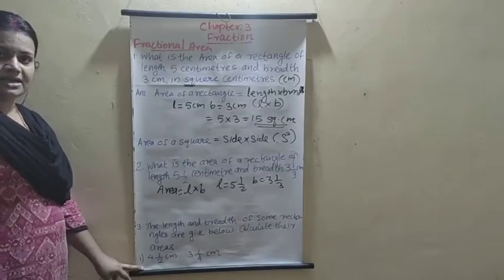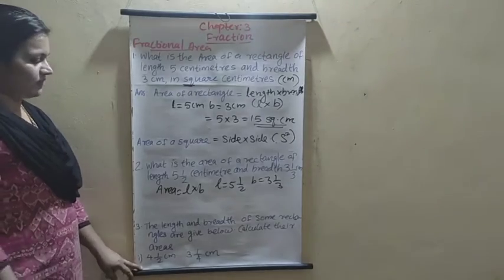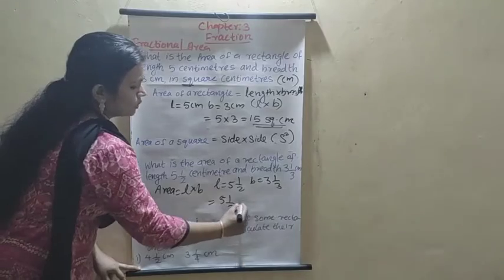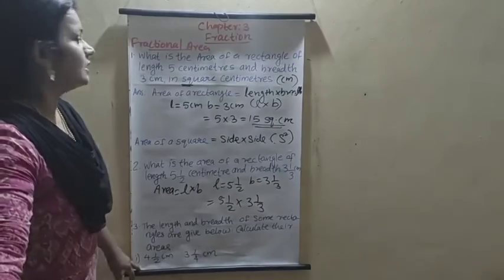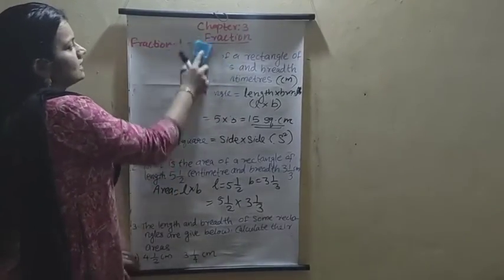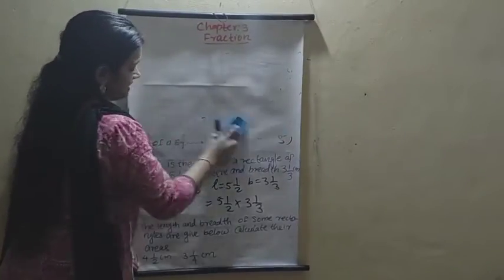How to do the mixed fraction? First of all, convert the mixed fraction into an improper fraction. So you are doing 5 1/2 into 3 1/3. How to convert the mixed fraction into the improper fraction?